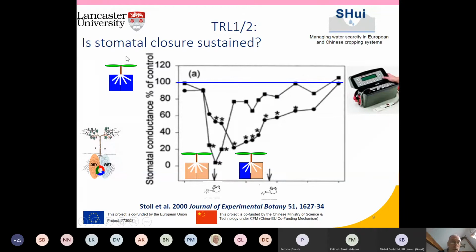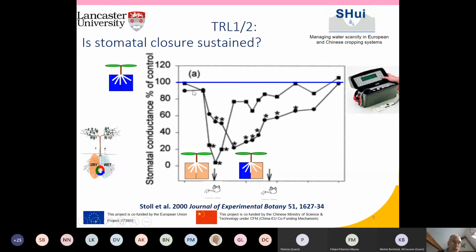Now, again, this blue bar represents the plants that were well watered, and you can see when we compare the stomatal conductance of the plants exposed to whole root zone drying, that the stomatal conductance crashed relatively quickly, and then the plants were re-watered at this point here, and the stomatal conductance increased again over time.